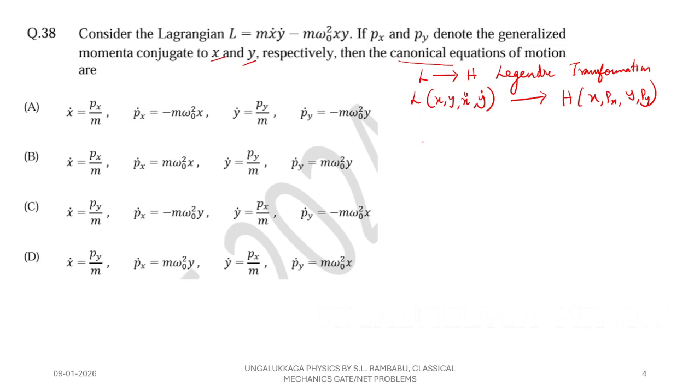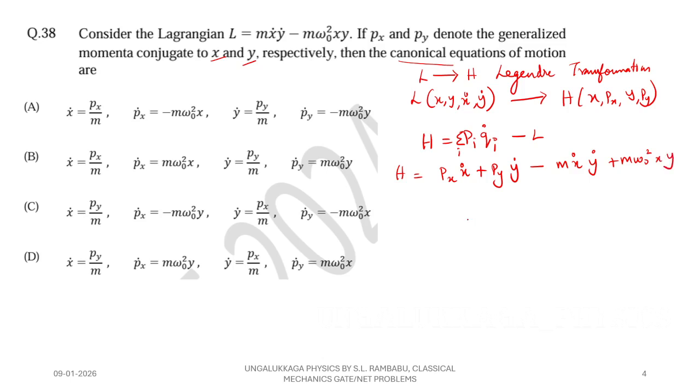To transform this, we write the Legendre transformation equation, H is equal to the summation over i of p_i q_i dot minus L. For this problem we have two coordinates, so px x dot plus py y dot minus L, where L is m x dot y dot plus m omega naught square x y.